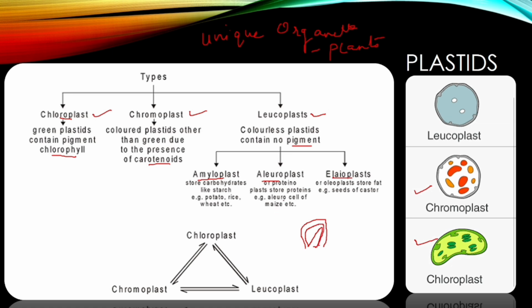That aleurone layer is generally the cells which contain aleuroplast, which contains proteins which is required for the embryo to grow. Then these all plastids are interconvertible. They change. That is how the chloroplast changes into chromoplast from a raw fruit to a ripened fruit.